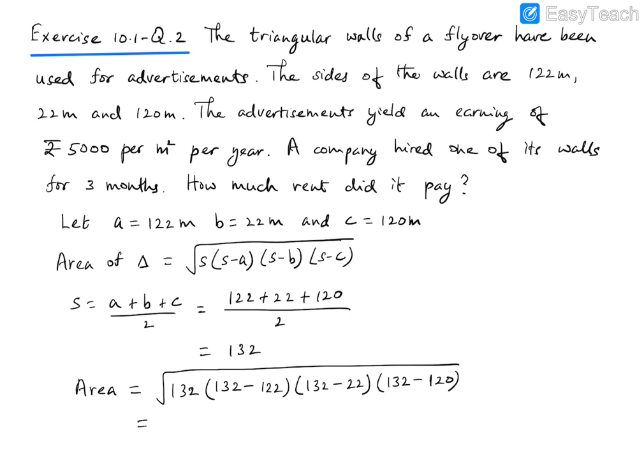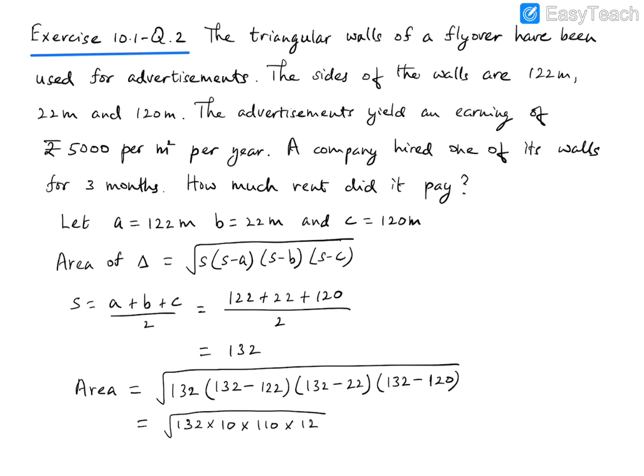So basically that becomes 132 into 132 minus 122 is 10, 132 minus 22 is 110, into 132 minus 120, that should be 12. Okay, so we have these under the root.